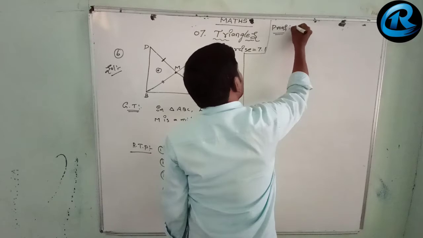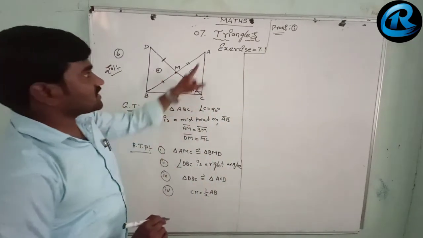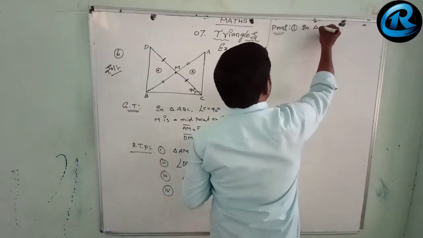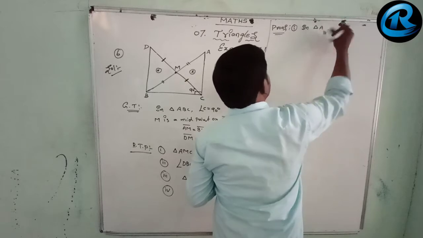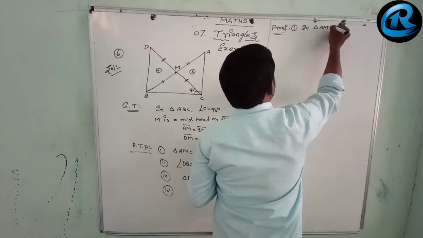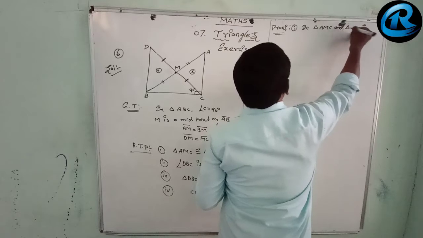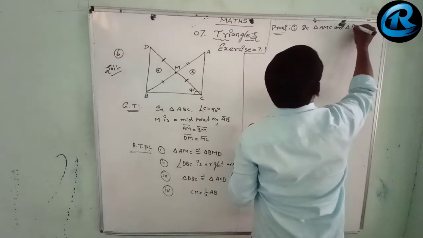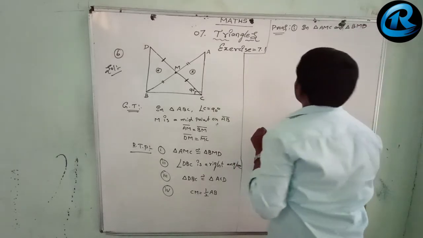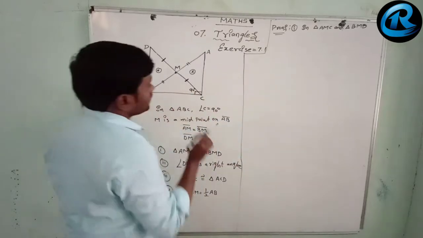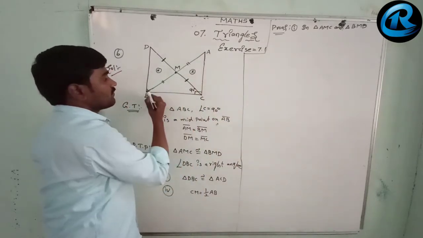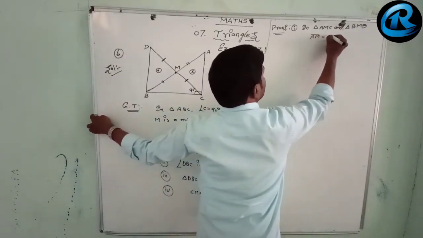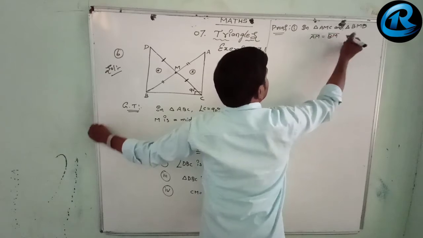In triangle AMC and triangle BMD, look slowly, what are equal? As given, side AM is equal to BM. This is a given side.